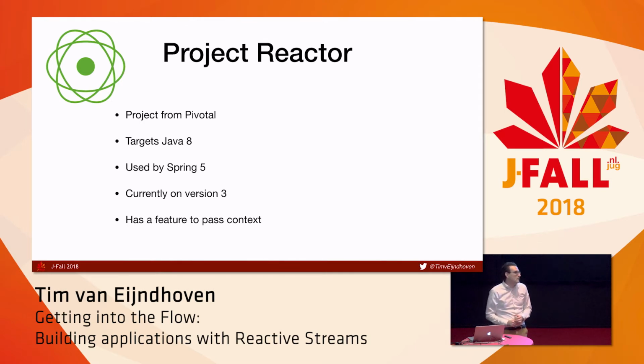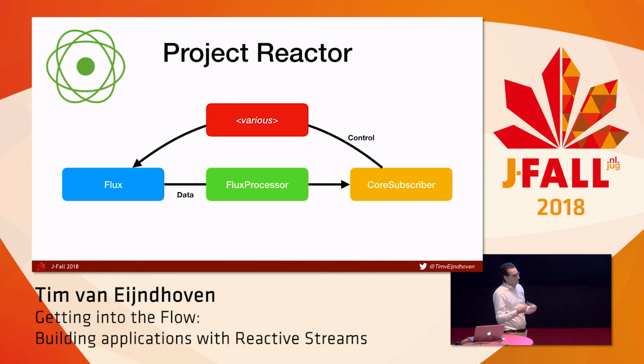But that's no longer possible when you're using Reactive Streams, because you can be in control of what thread it executes on, but most of the time we're not. So it will hop from thread to thread, eliminating the use of thread local. And this feature to pass context allows you, in the Reactive Stream lifecycle, to pass this context object along in order to provide some of that same functionality. So that's a really neat feature.